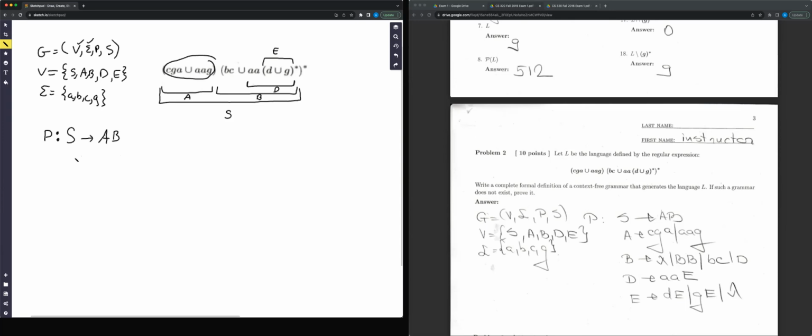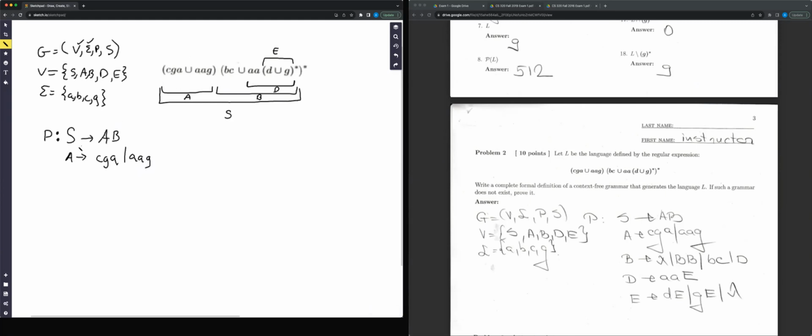But now how does A do its part? Well, A says, I need to choose either between CGA or AAG. And so the way you do that, you just say CGA or AAG. So this is now your union, the vertical line.